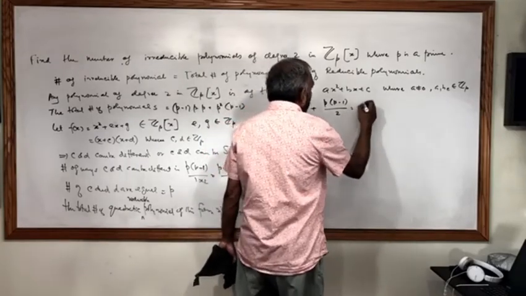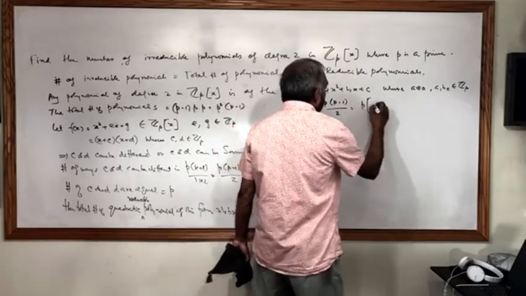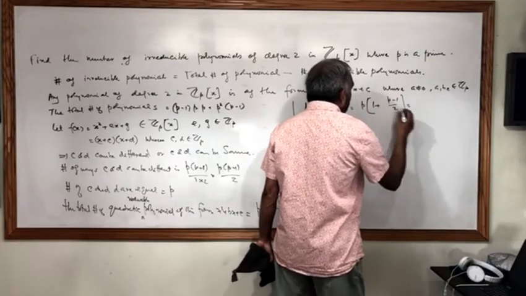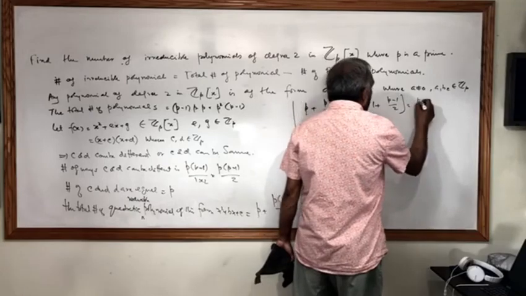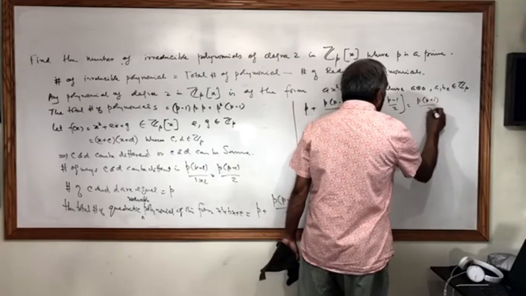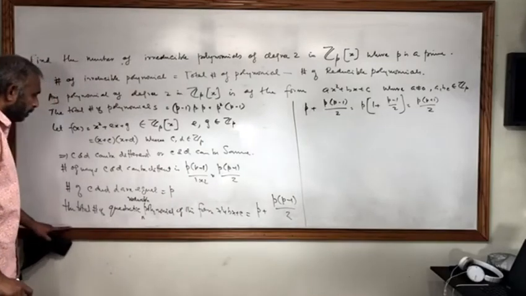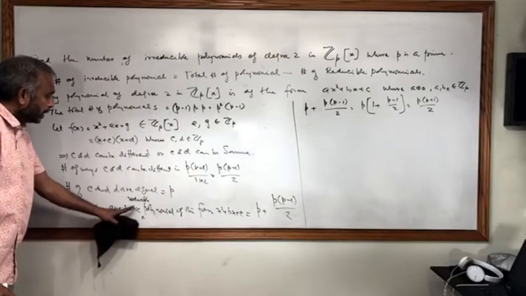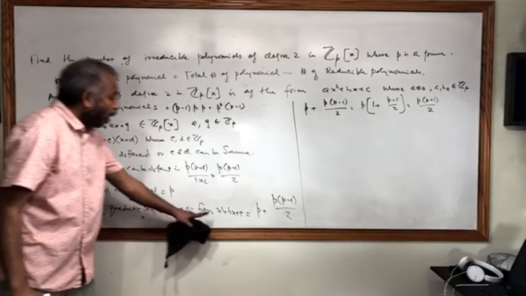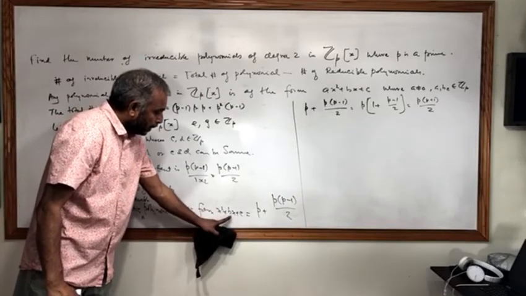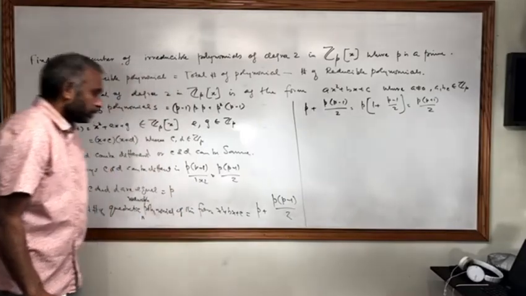If you take p outside, 1 plus (p minus 1) by 2, and that is equal to p times (p plus 1) by 2. That is the total number of quadratic reducible polynomials of the form x square plus bx plus c.